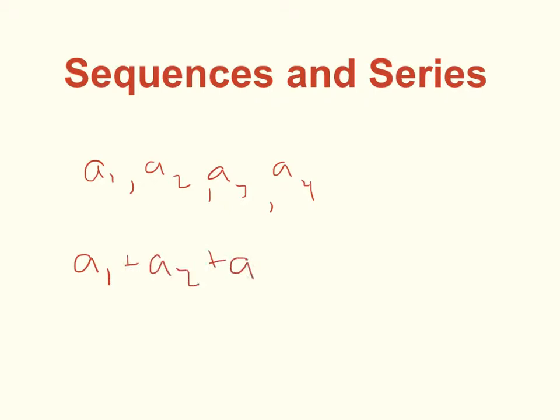So a1 plus a2 plus a3, etc. That is the difference between a sequence and a series. So we're going to spend most of the time looking at series. Most of the entire next unit is series and the power of series, and they're extremely powerful things, as you'll see.